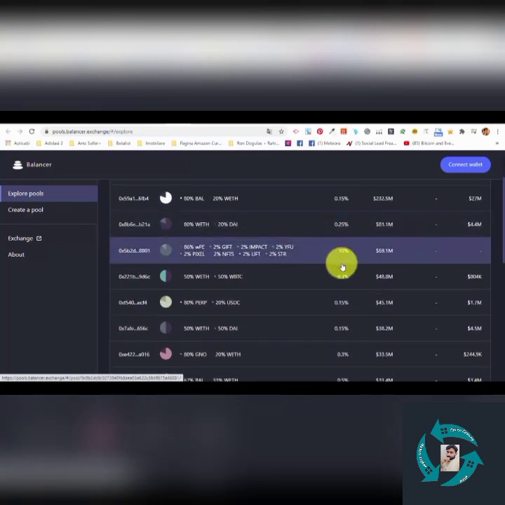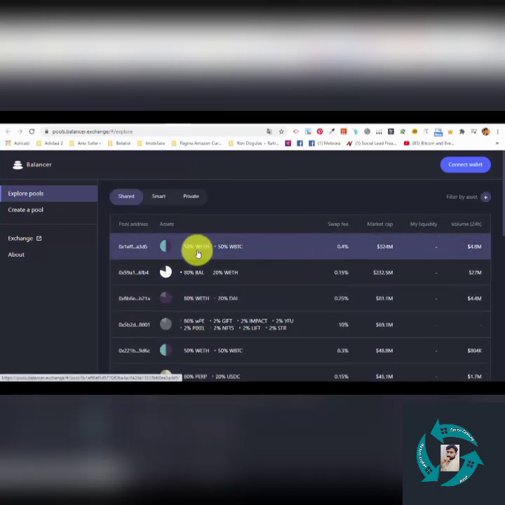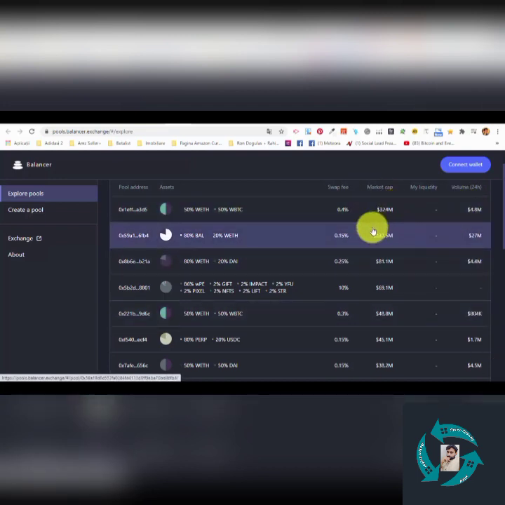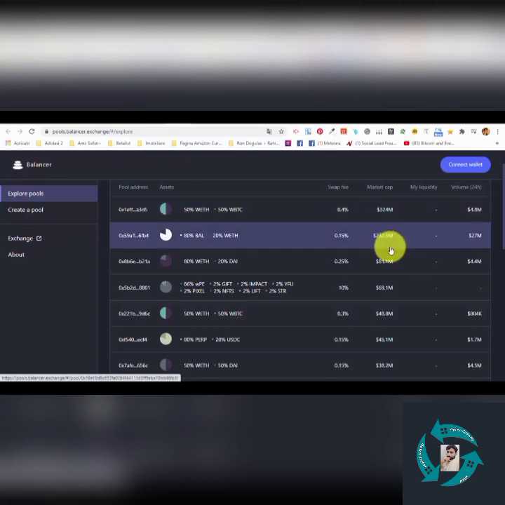You can check out the fees, the market cap for each pool, and the volume. Obviously you will want to choose, and this is based on what we think, based on the volume, the swap fee, the percentage you can earn, and the market cap.